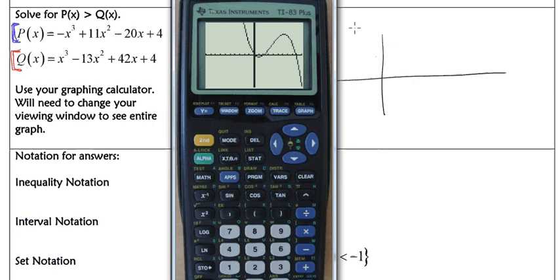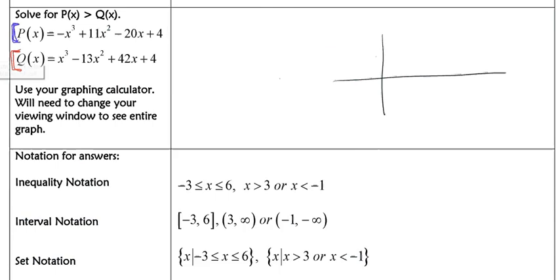So it's going to be coming down. That's going to be my blue one. It's going to head down below, head back up, head down again. So here we go. Heads on down, comes back up, heads on down, heads up, heads back down again. Negative x cubed.